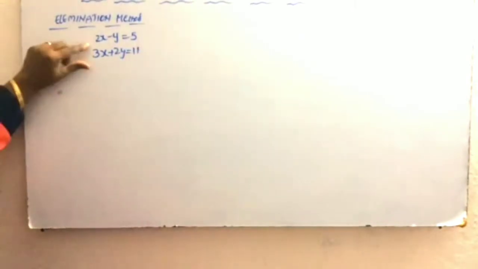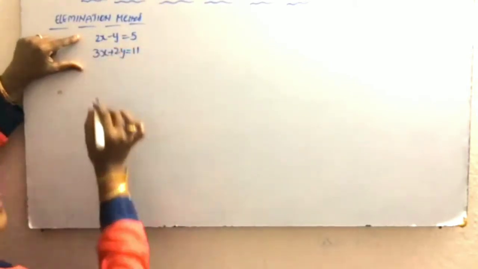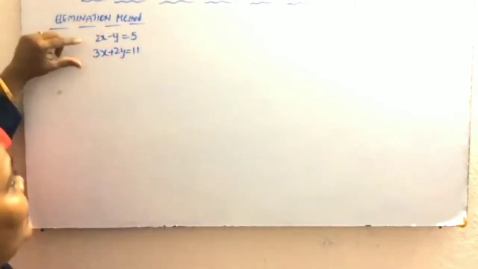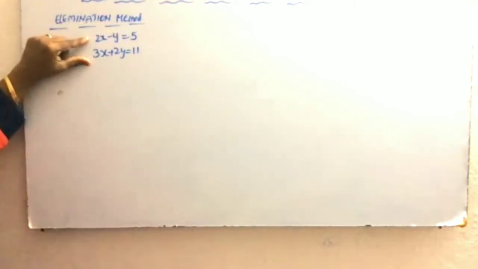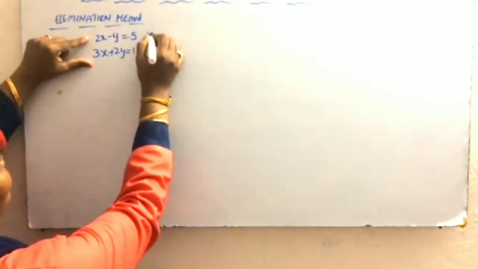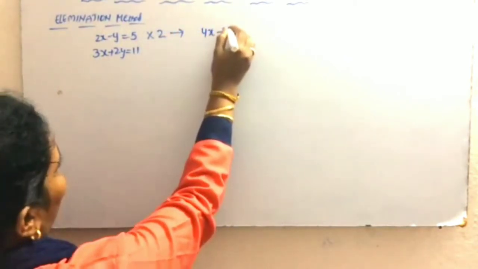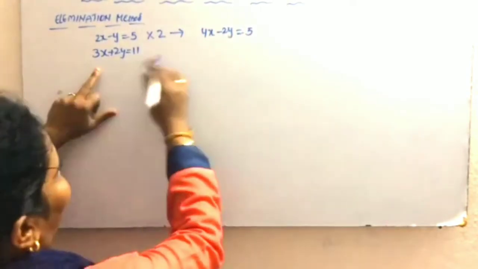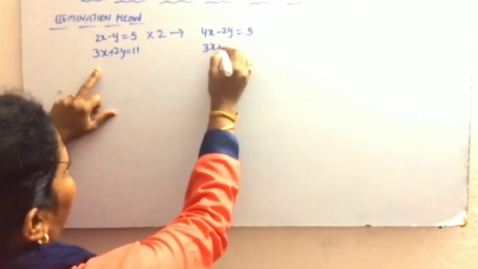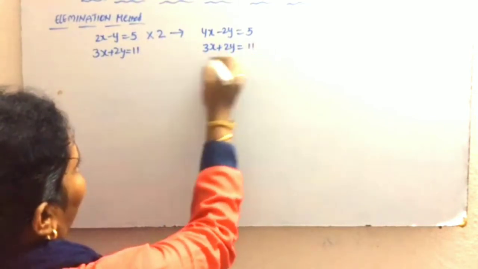In this method we make the coefficients of x or the coefficients of y equal, and then we subtract the two equations. Here, I will multiply the first equation with 2. Now this equation becomes 4x minus 2y equal to 10, and the next equation I will write as it is, 3x plus 2y equal to 11.